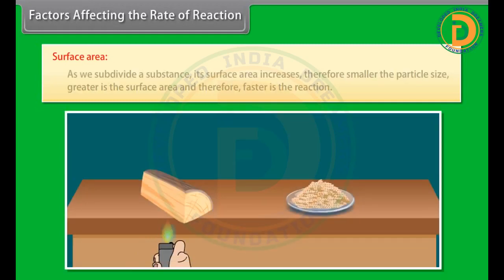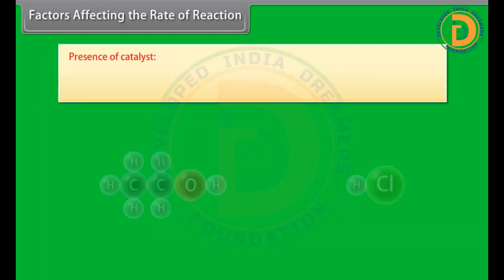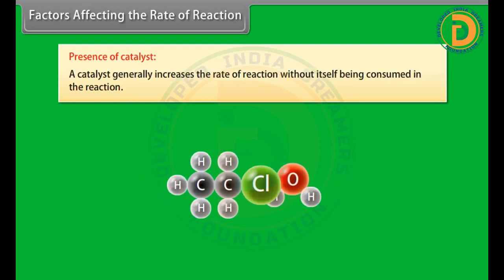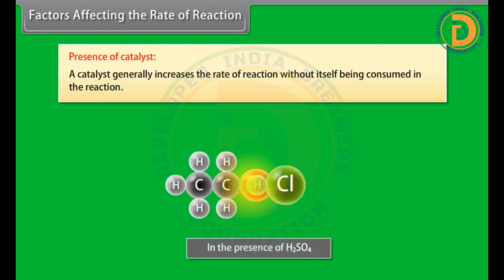Surface area. As we subdivide a substance, its surface area increases. Therefore, the smaller the particle size, the greater is the surface area, and therefore the faster is the reaction. Presence of a catalyst: a catalyst generally increases the rate of a reaction without itself being consumed in the reaction.